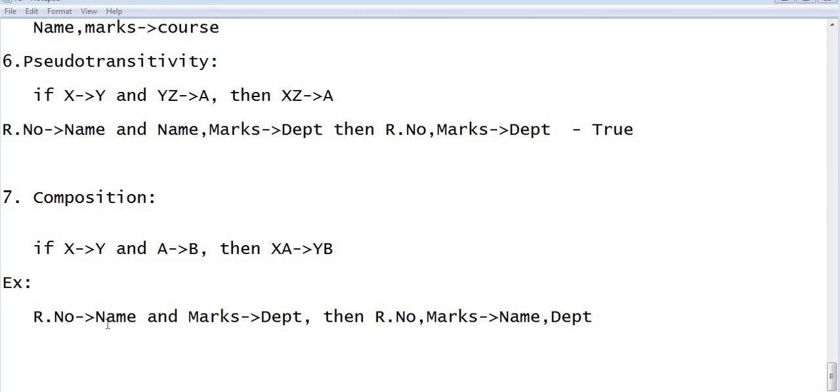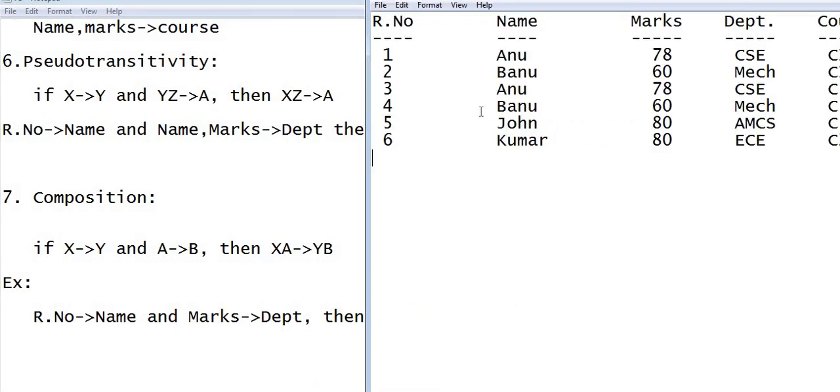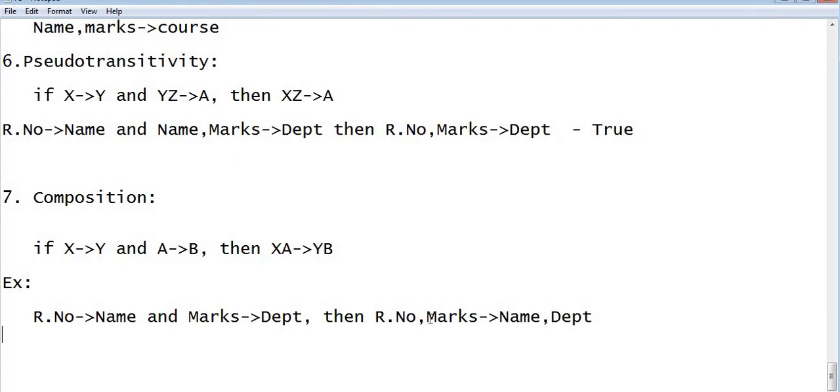Example: roll number determines name and marks determines department, then roll number comma marks determines name comma department. So roll number determines name, yes. For example, roll number 3 is Anu, and marks 78, CSE. We can easily say that for a particular student, roll number comma marks determines name comma department, right?